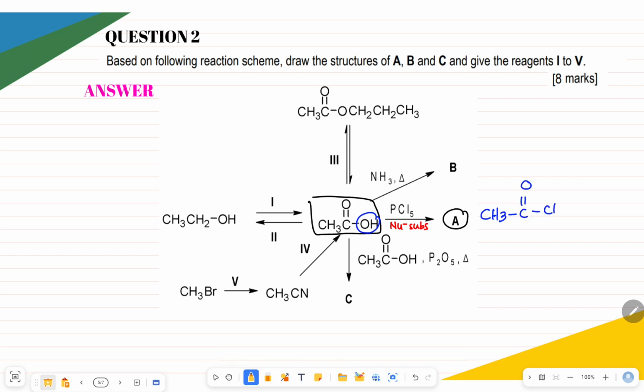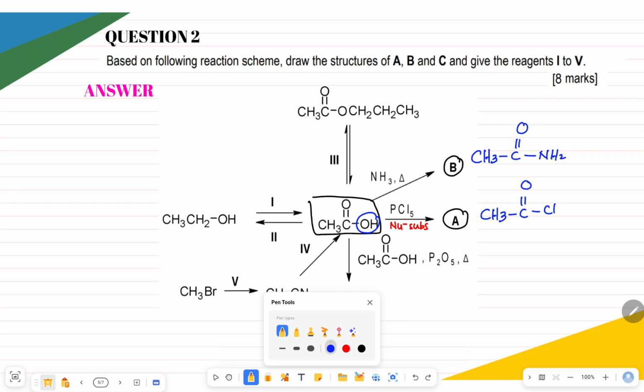Okay. Next we proceed to structure B. This one is going to be neutralization between carboxylic acid and NH3. So structure B is going to be CH3, C double bond O, NH2. And your structure C, which is at the bottom here, when carboxylic acid reacts with another carboxylic acid, this is formation of anhydride.